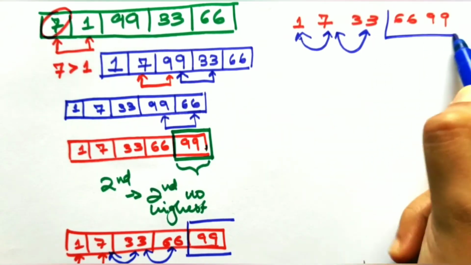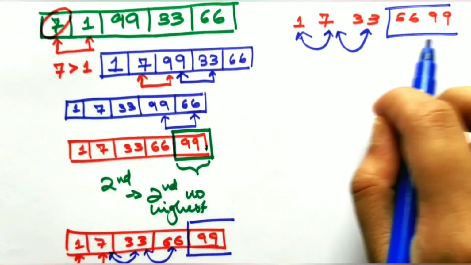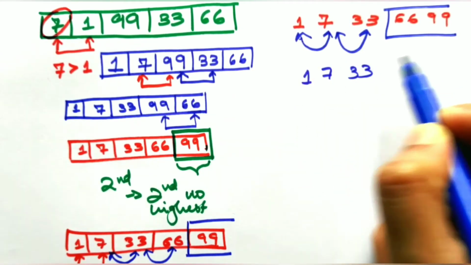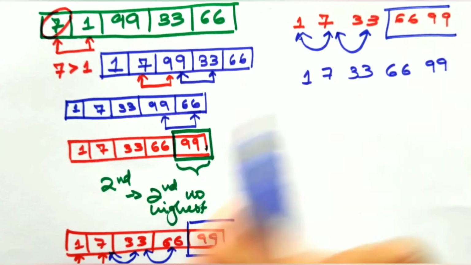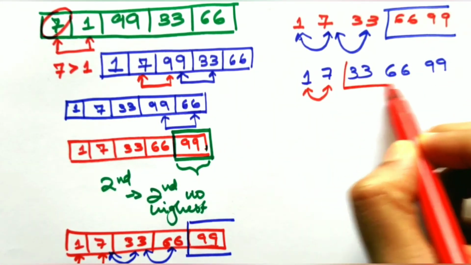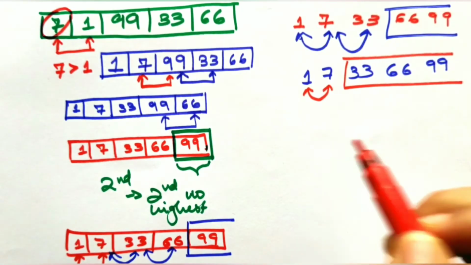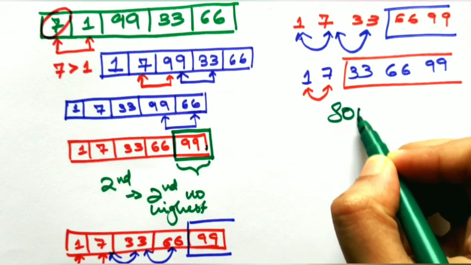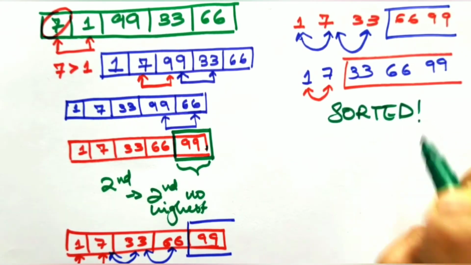Now it will not check the rest because they're already sorted. And lastly, it only checks 1 and 7, and it excludes all of these three. And finally, you have your sorted array. You pretty much sorted it.